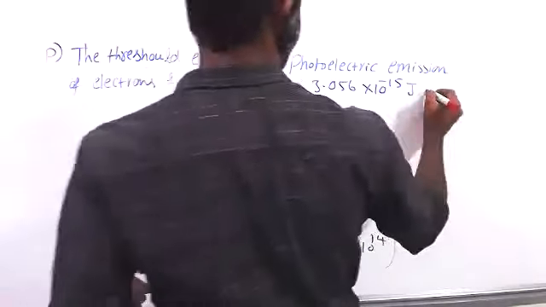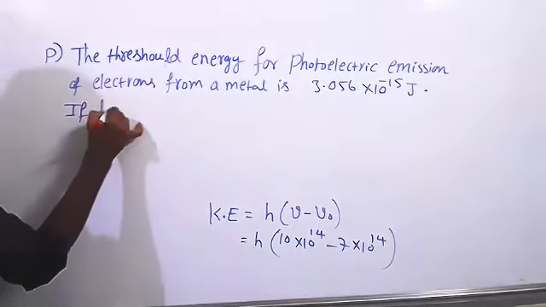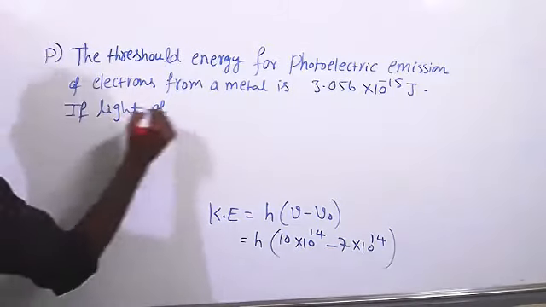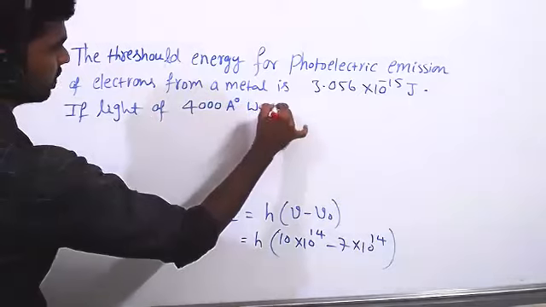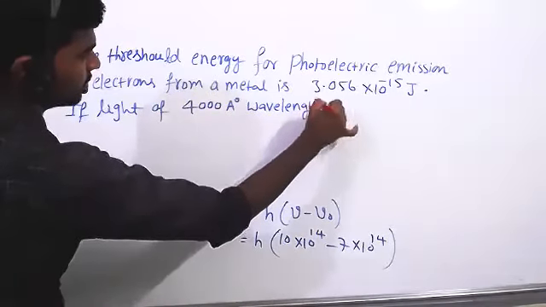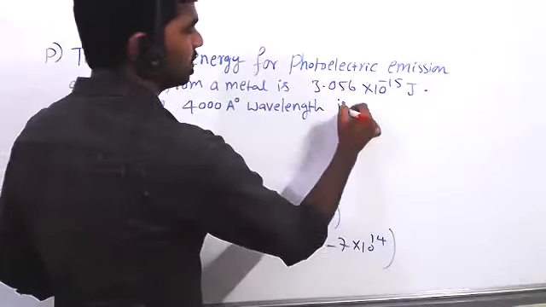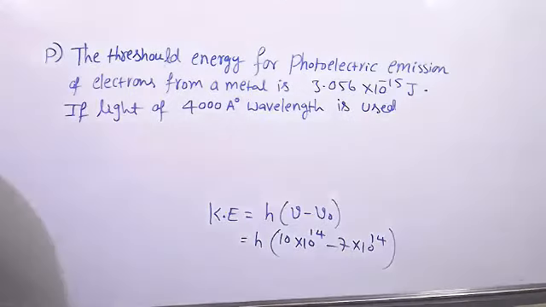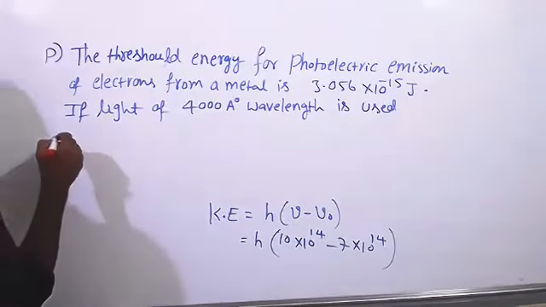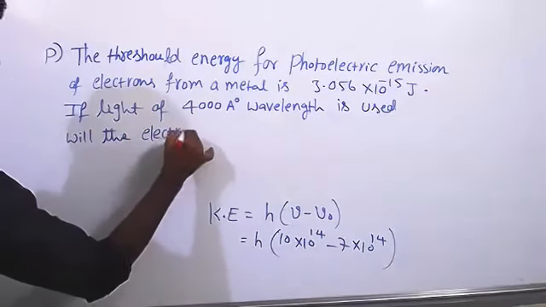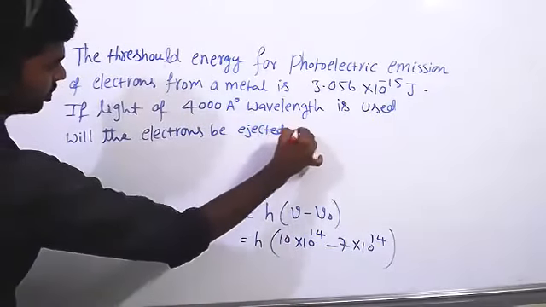If light of 4000 angstroms wavelength is used, will the electrons be ejected or not?